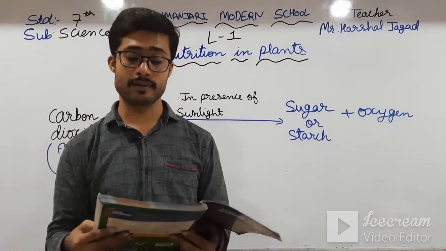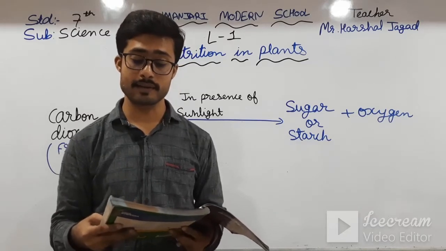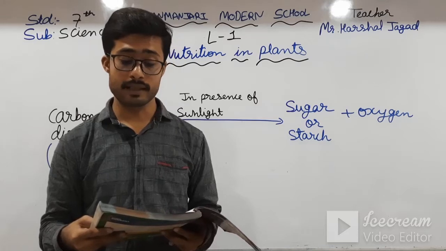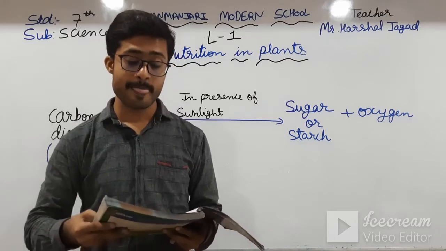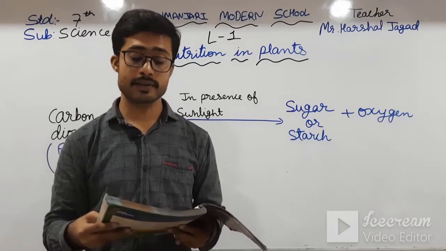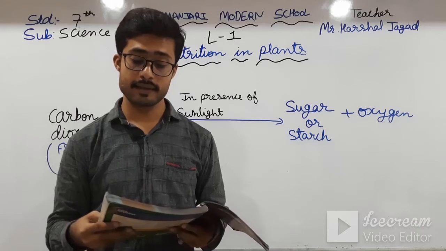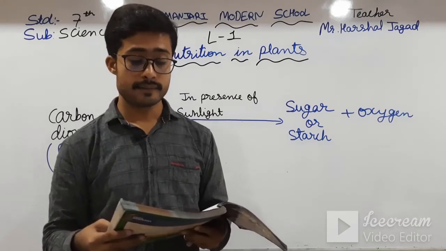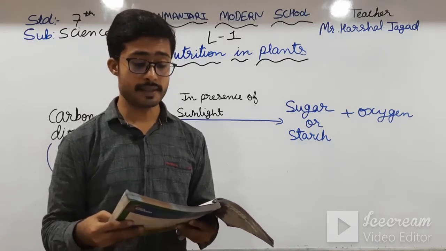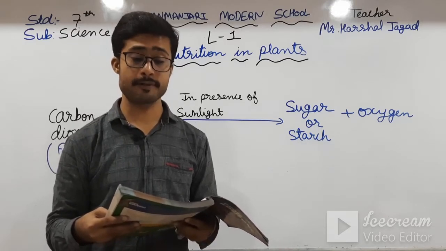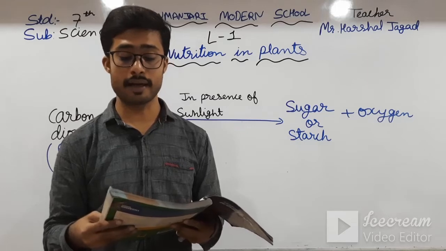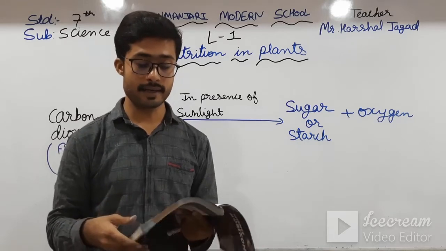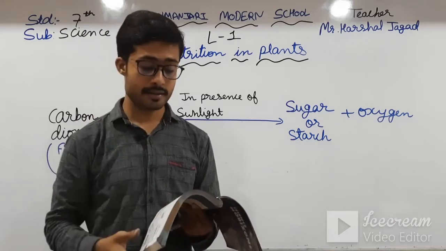Sunlight is the main source of energy for green plants. Sunlight is trapped by the chlorophyll of the green plants. This energy is used to convert carbon dioxide and water into carbohydrates. Since photosynthesis cannot take place in the absence of light, the presence of sunlight or any other source of light is very important for this process.